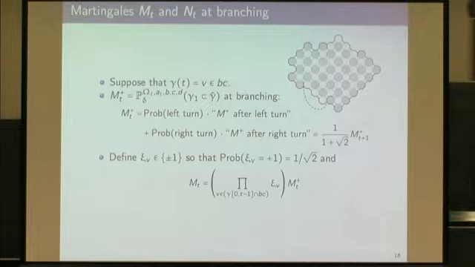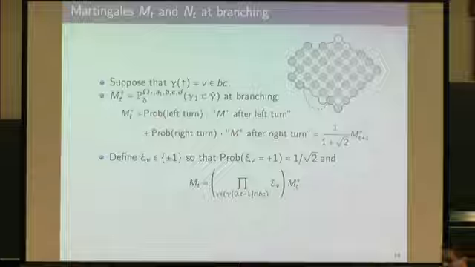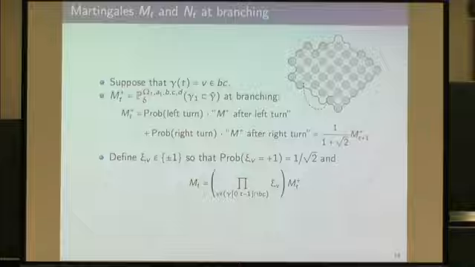So we need to somehow balance this factor to have this martingale property. So we balance it by introducing some coin flips. So these are plus minus 1 random variables. If we take the absolute value of M_t, we will recover M_t plus. And these are IID coin flips with plus 1 with this probability.